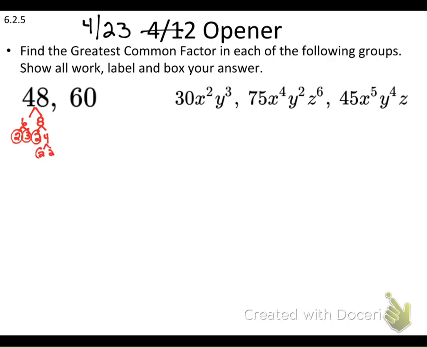Okay. So now I come to 60. What are two factors that I can multiply together to get 60? 6 and 10.